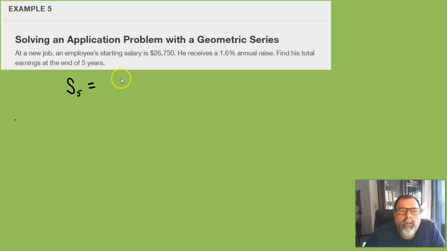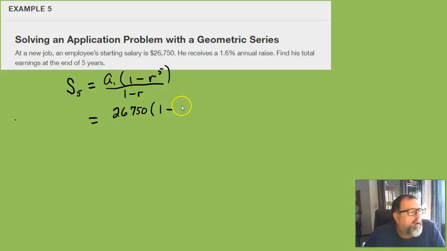So his initial amount was 26,750. Here, let's write the formula. So a sub 1, 1 minus r to the n, which in this case is 5, over 1 minus r. So a sub 1 is 26,750. R is, remember, you got to add 1 to it because of geometric sequence.